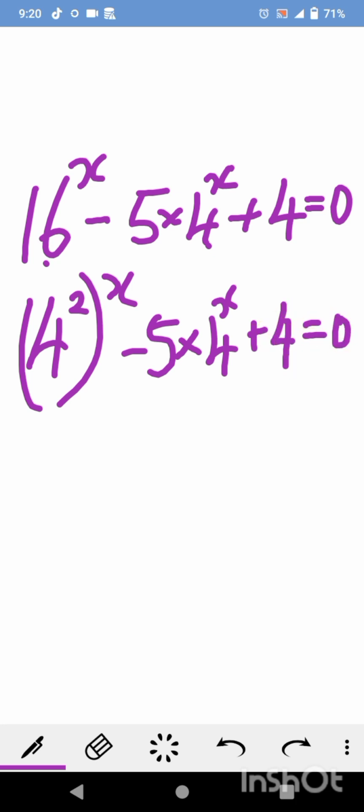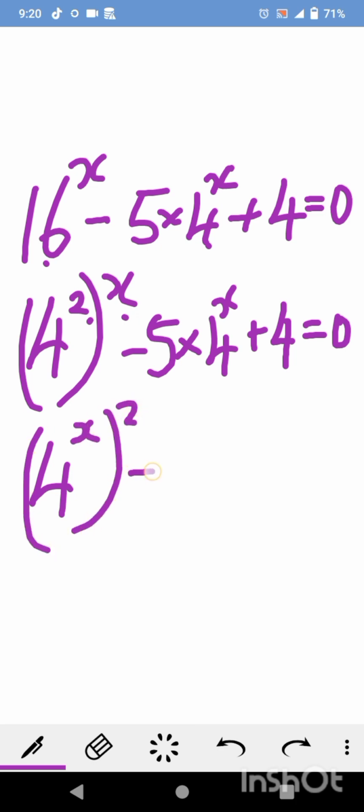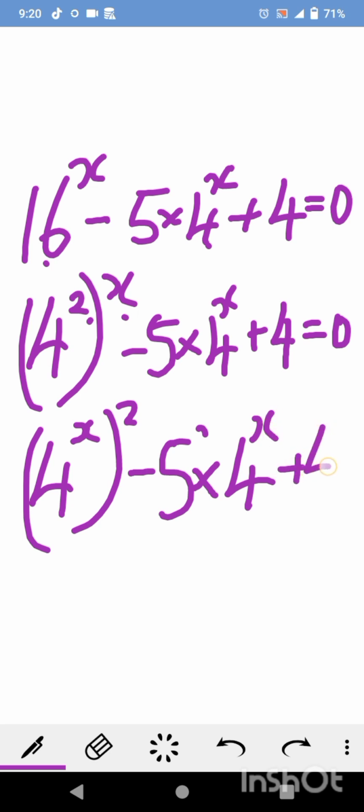So we will need to exchange these powers. Take the x in and take the 2 out. So we'll have it as 4 raised to power x all squared minus 5 times 4 raised to power x plus 4 equals to 0.